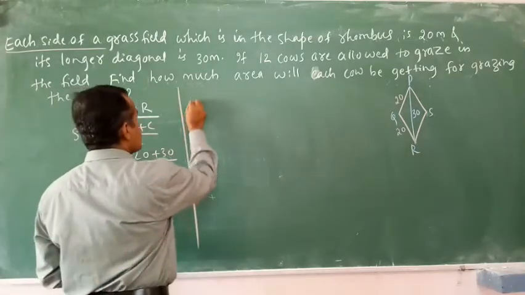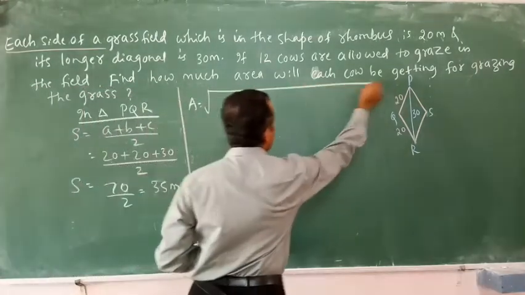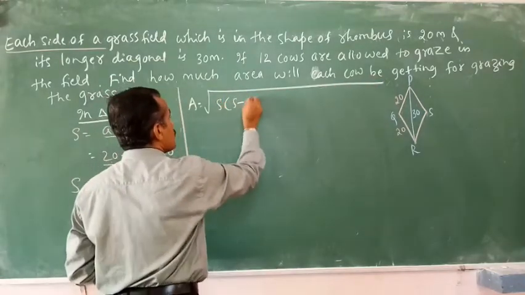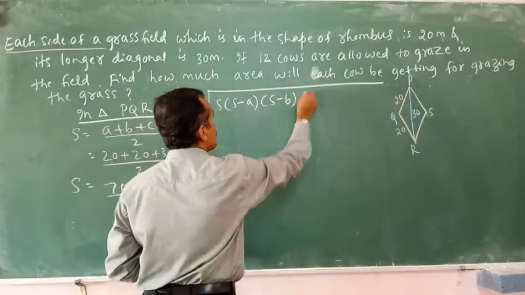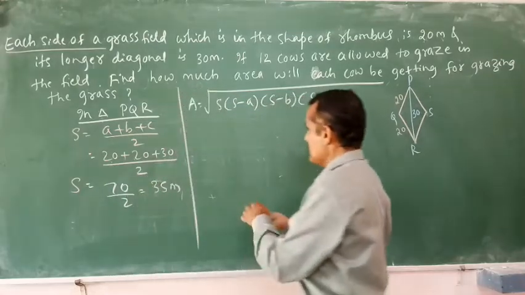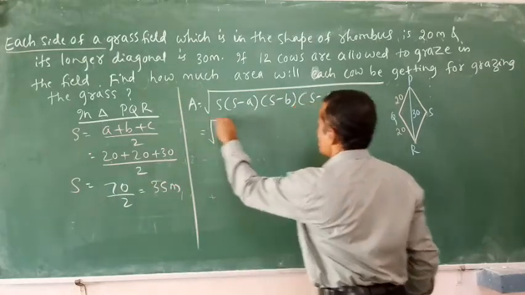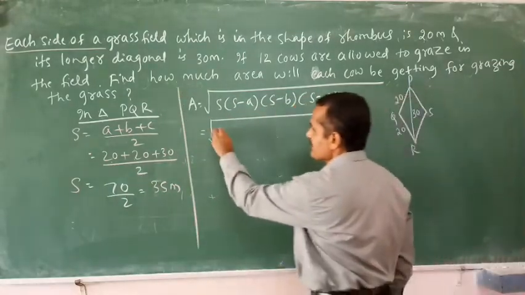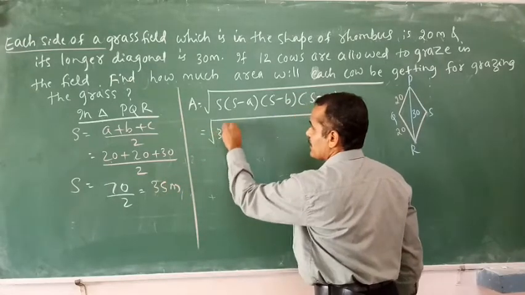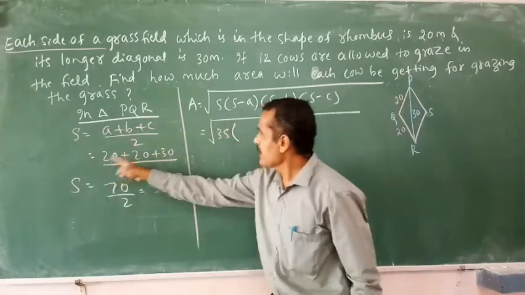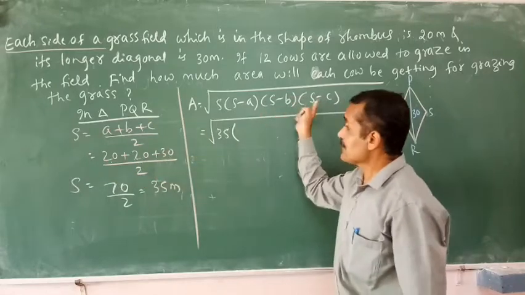Now I can find the area, which is equal to the square root of S into S minus a into S minus b into S minus c. I can substitute the values. S is 35, so 35 into S minus a, S minus b, S minus c.